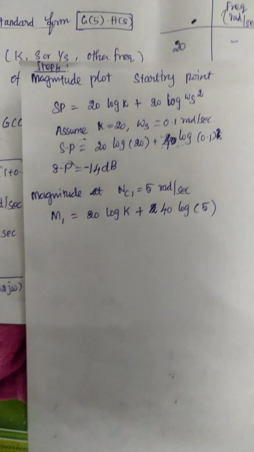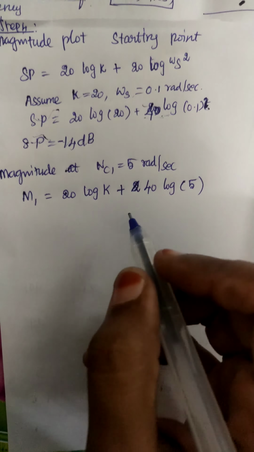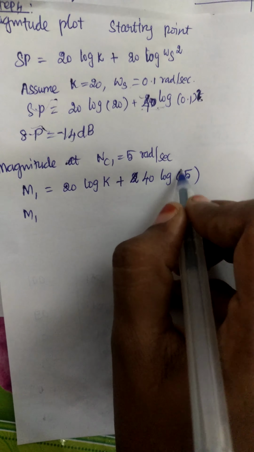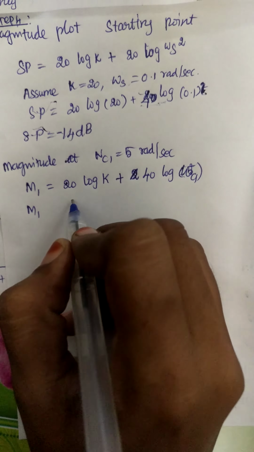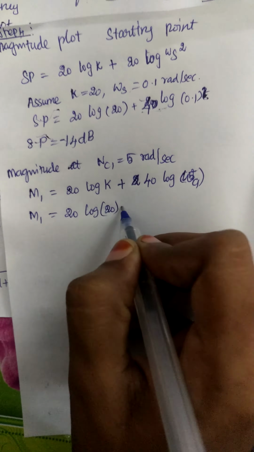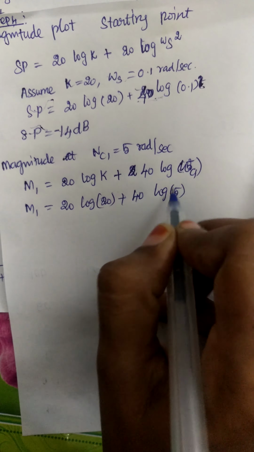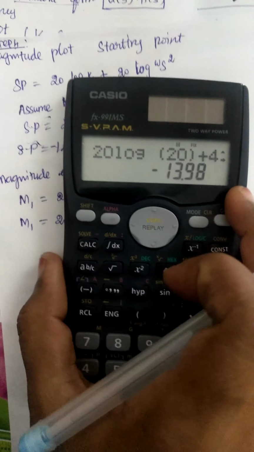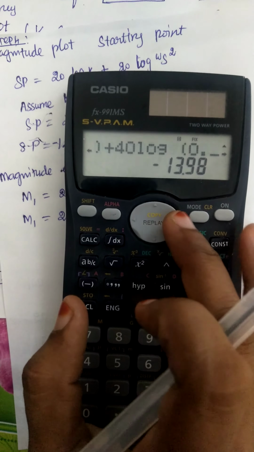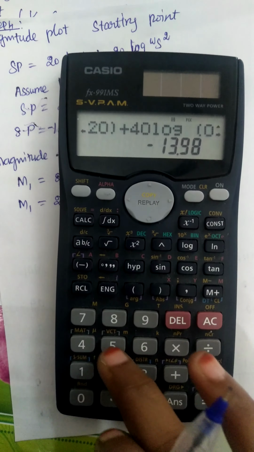So what's the answer for this? 20 log of 20 plus 40 log of 5.